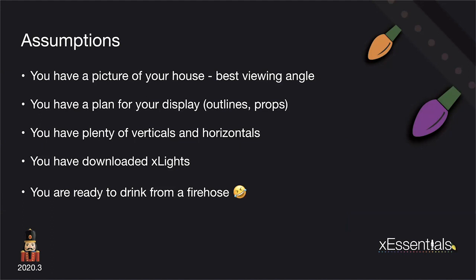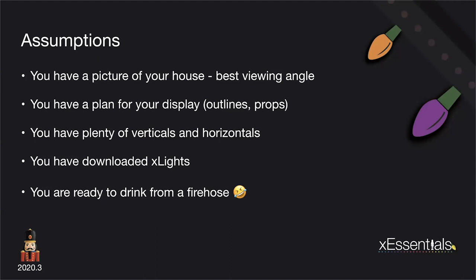Some assumptions. I've seen a few of these presentations, so I'm going on some assumptions for everybody: that you have a picture of your house from the best viewing angle, and you'll have to figure out whatever that is of your house. You have some kind of plan for your display, outlining windows or doors, props, that kind of thing.